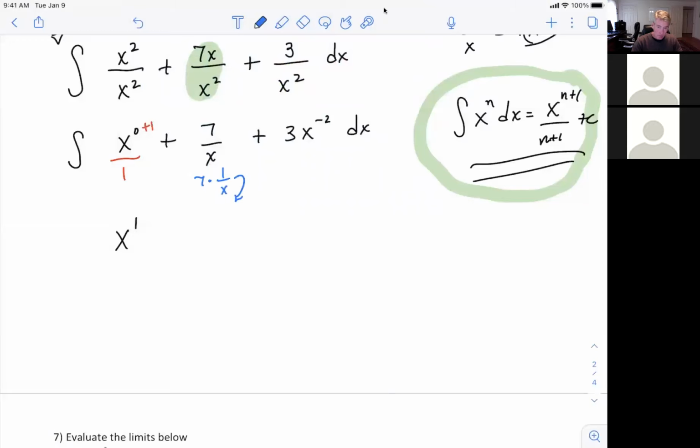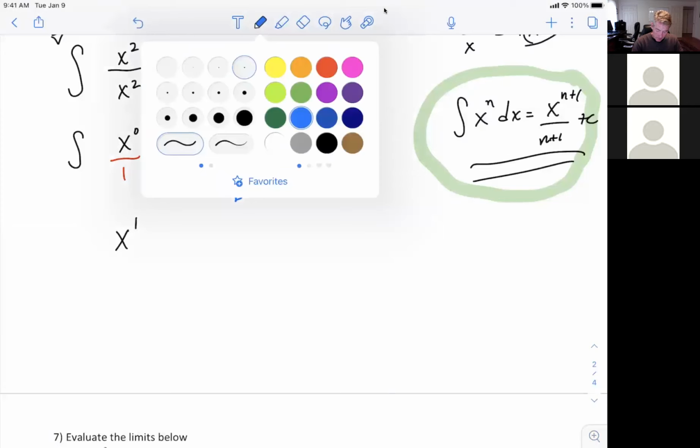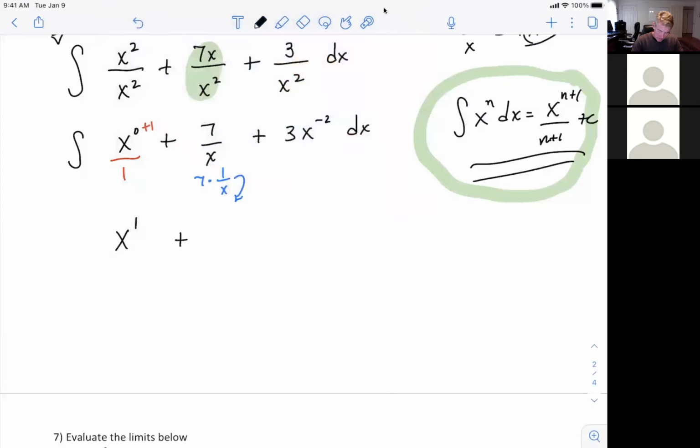And if you go backwards, what did somebody take the derivative of to get the derivative equal to 1 over x? So that's natural log of x. And the 7 could just stay there. All right, there's the antiderivative of that one.